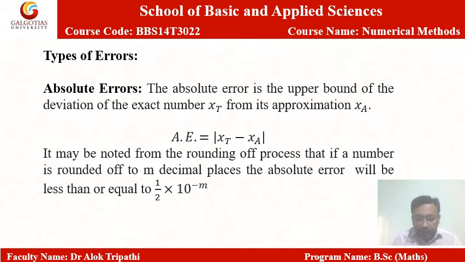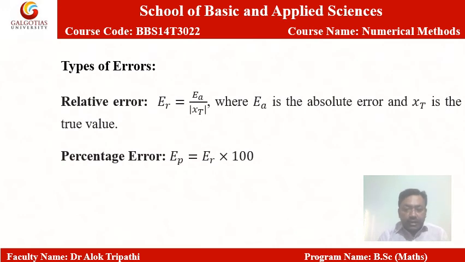It may be noted from the rounding off process that if a number is rounded off to m decimal places, the absolute error will be less than or equal to 1 by 2 into 10 to the power minus m. Means the upper bound of absolute error will be 1 upon 2 into 10 to the power minus m.